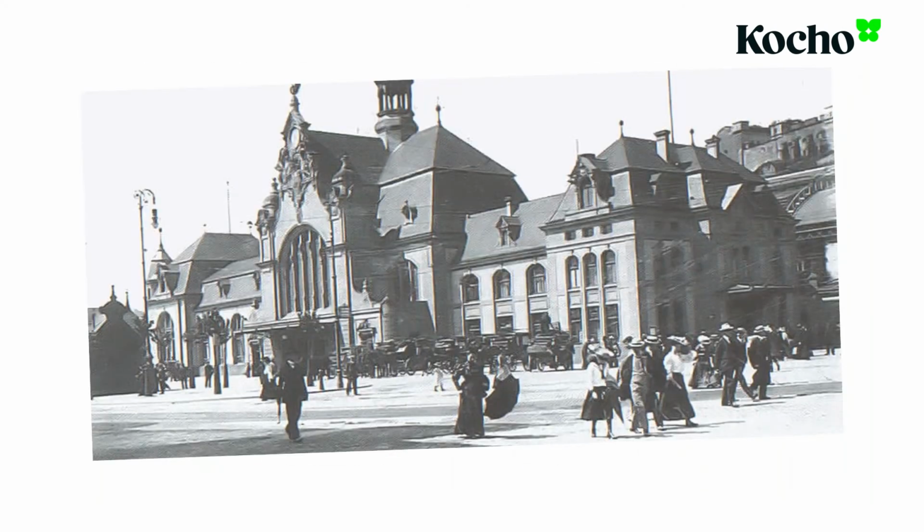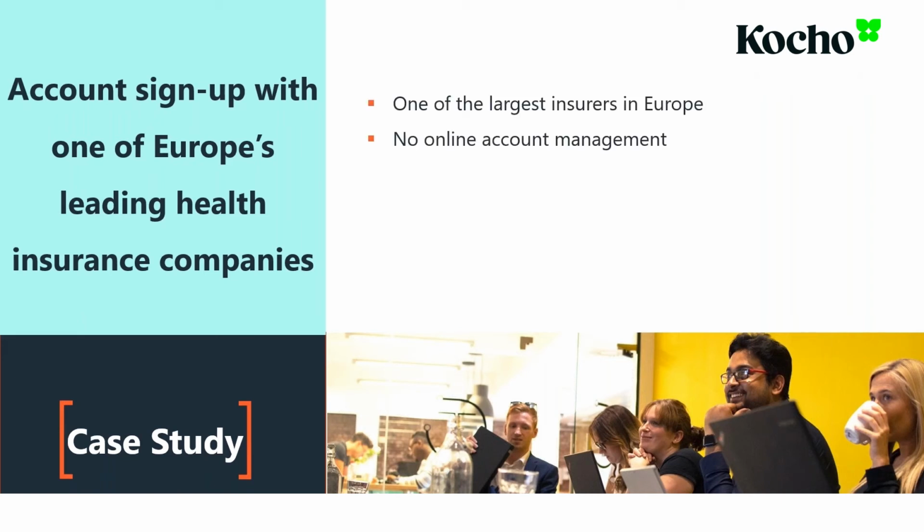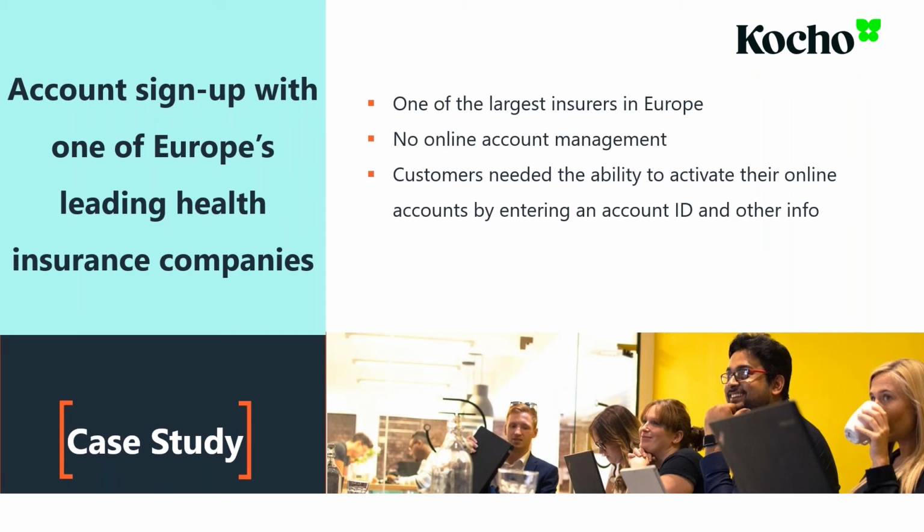So just to show you the power of advanced policies in B2C, we have a customer who's an insurance firm based in Germany, started back in the 1910s, and they wanted to venture into the online world. They hadn't had online account management when they came to us, although they were one of the largest insurers in Europe.